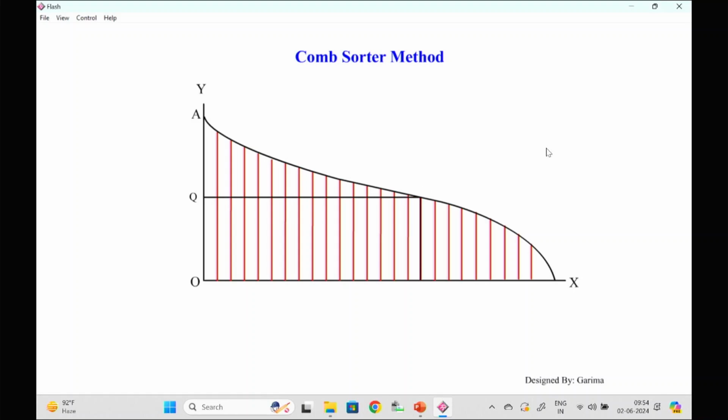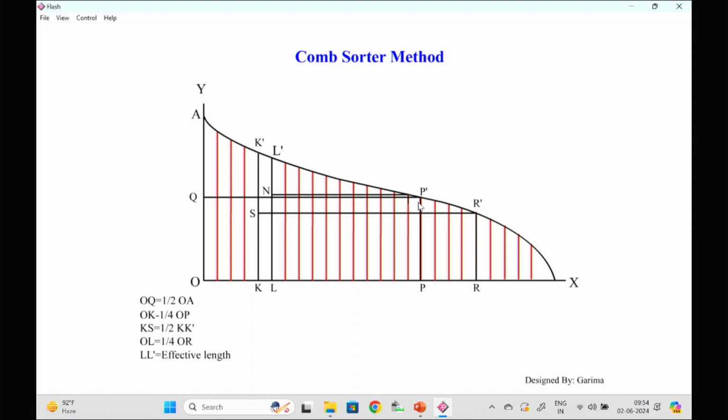You can see the longest fiber, and the midpoint of the longest fiber is OQ, which is half of OA. From there we draw one horizontal line, which intersects at the point P dash on the comb sorter diagram.